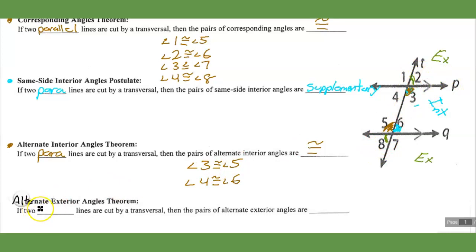So again, if 2 parallel lines are cut by a transversal, then pairs of alternate exterior angles are also congruent. So there are our theorems. 3 of them are congruent: corresponding, alternate interior and alternate exterior, and then the same side interior are supplementary.